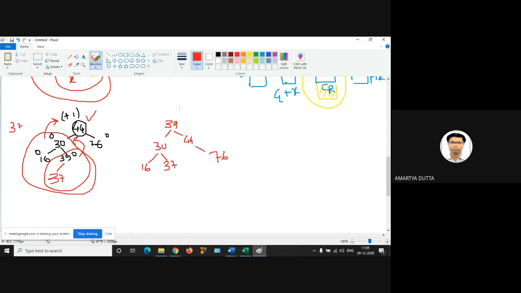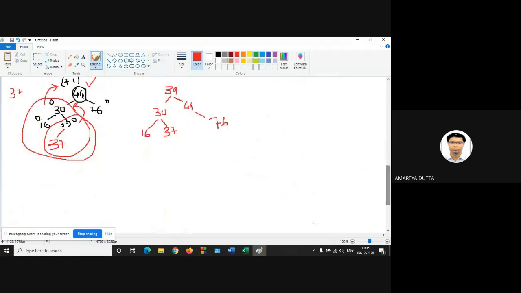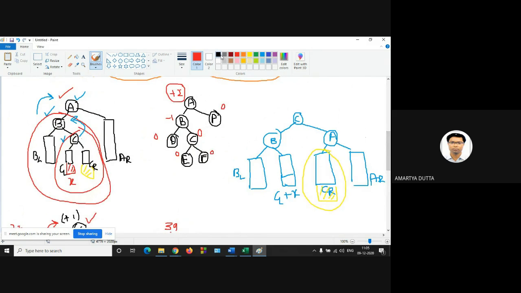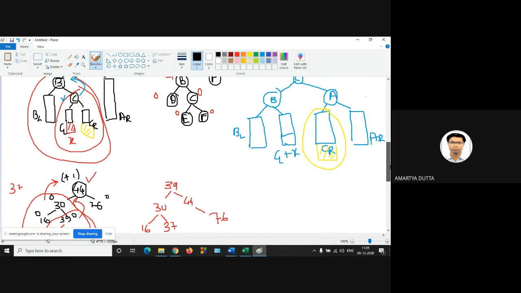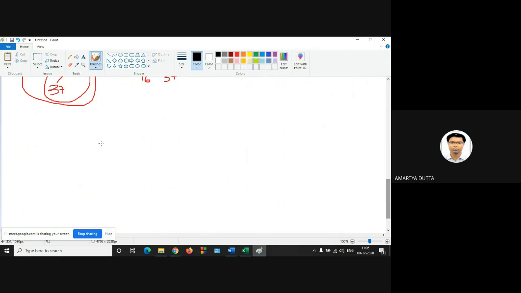Okay. So what is the rotation for RL? Suppose this is your A. RL means at which position?